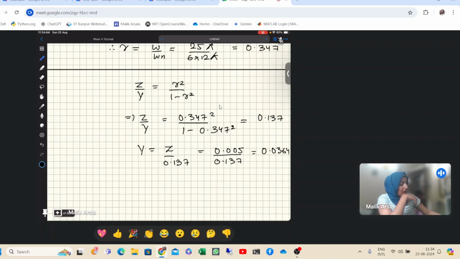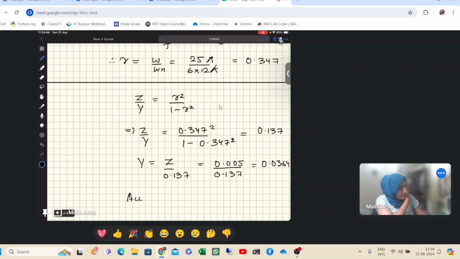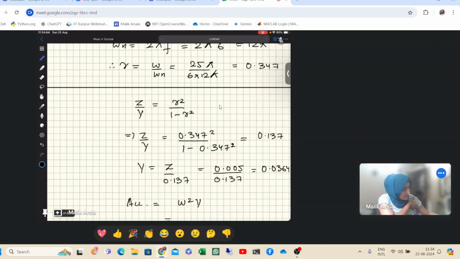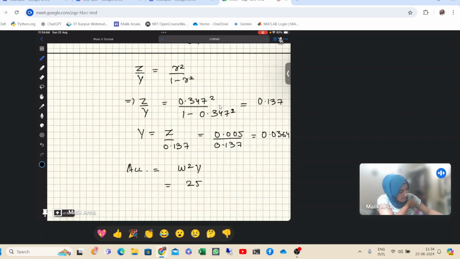Now if we have to calculate acceleration, the magnitude of acceleration will be omega square into y. We have already calculated omega, that is 25 by 6 pi, so 25 by 6 pi squared into y, which is 0.0364.